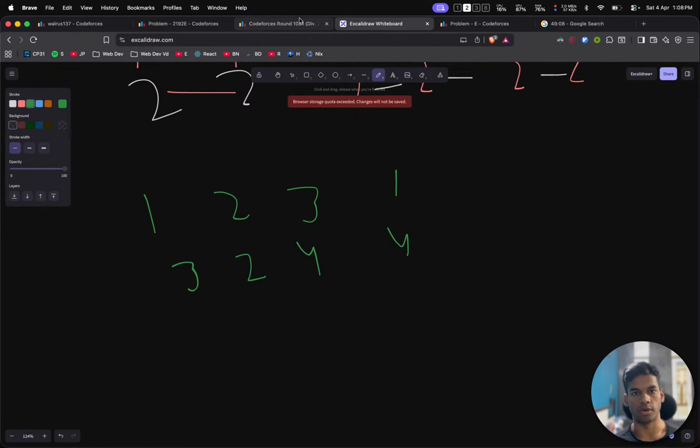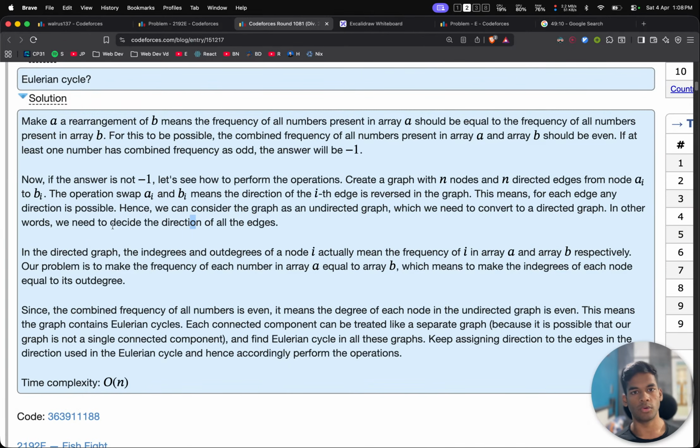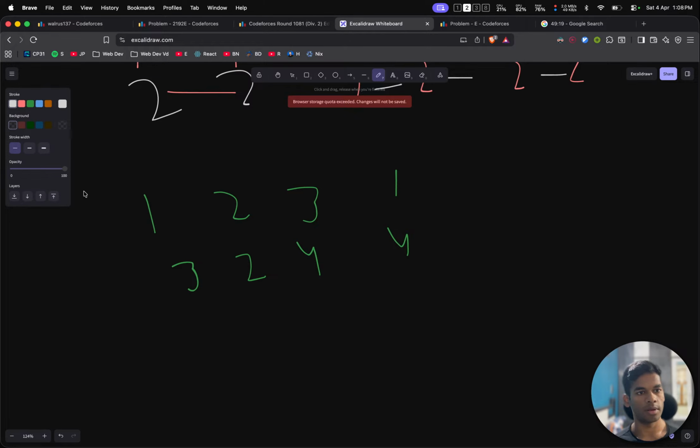Yes, 4, 4. That's cool. So they want us to make a graph between all the nodes from these edges.